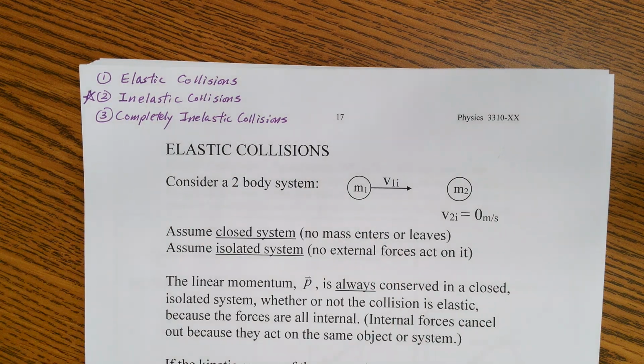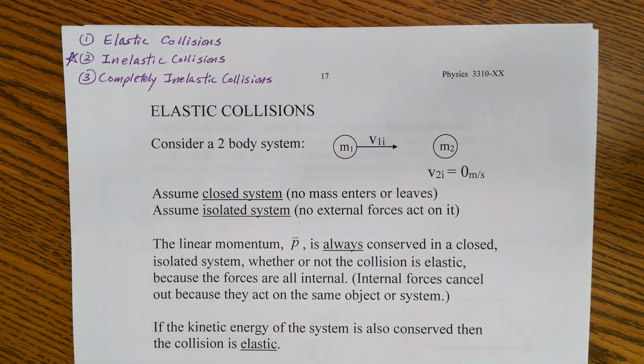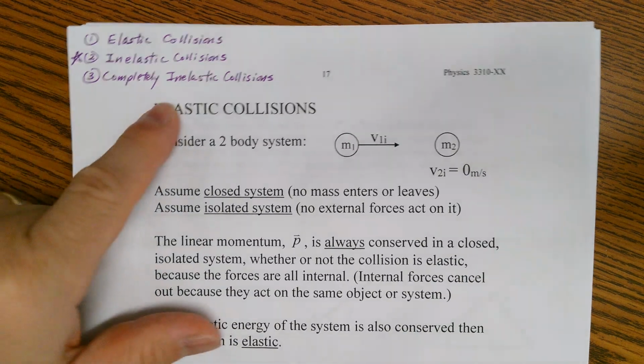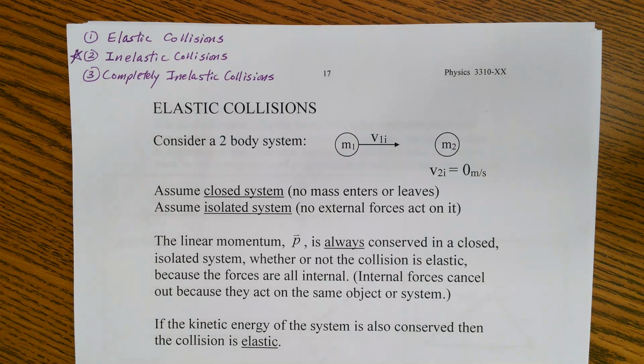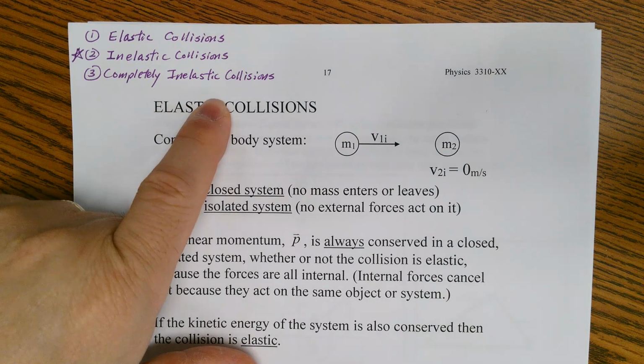Completely inelastic collisions happen when things stick together after they collide. For example, when a bullet penetrates into a block of wood and gets embedded inside, and the block of wood and the bullet become one mass, that's a completely inelastic collision.